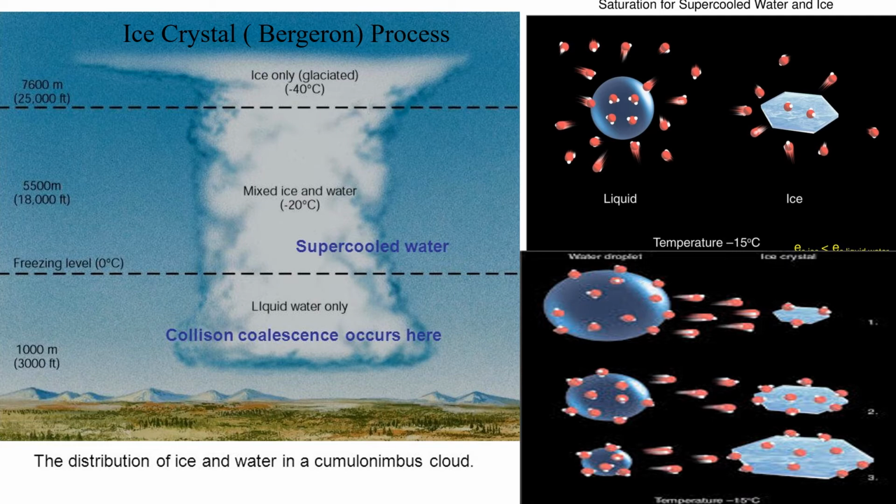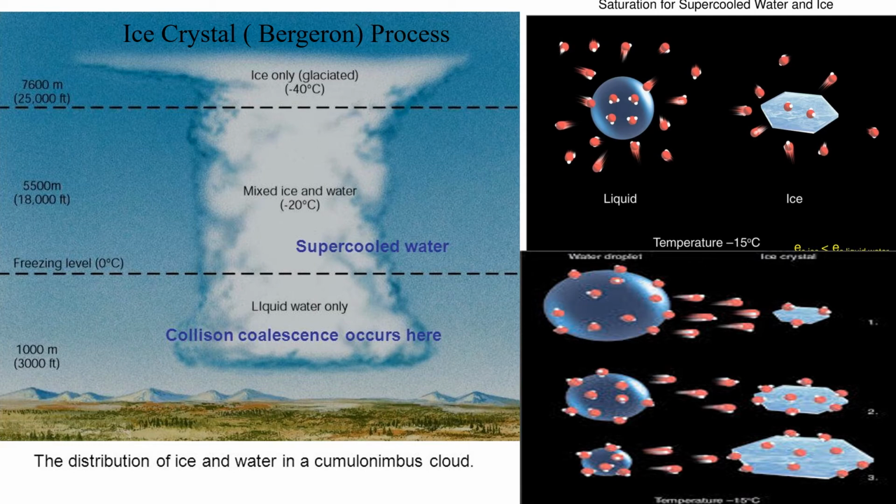The distribution of ice crystals is not uniform, as the downdraft contains more ice than the updraft. Not until we reach an elevation of 7,600 meters, where the temperature drops below minus 40 degrees centigrade, do we have only ice crystals at that level of the atmosphere.